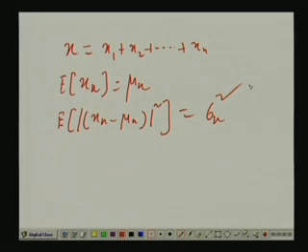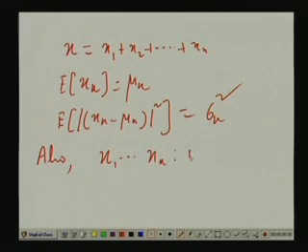Then firstly, and also, x 1 to x k are independent.